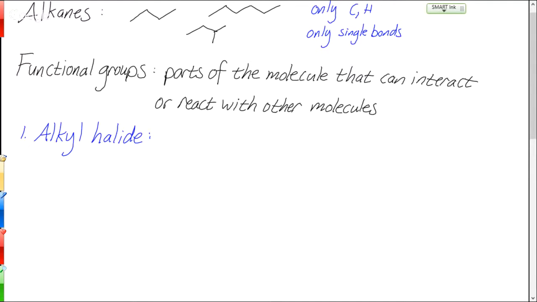Our first one is the alkyl halide. This is pretty simple. It's just a halogen, which is F, Cl, Br, or I, connected to an alkane.